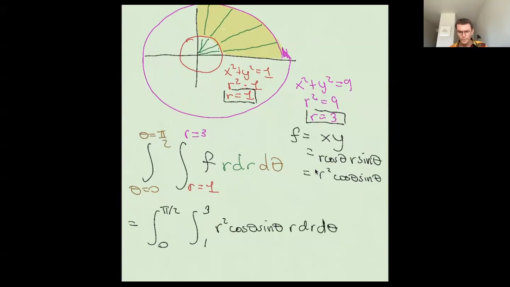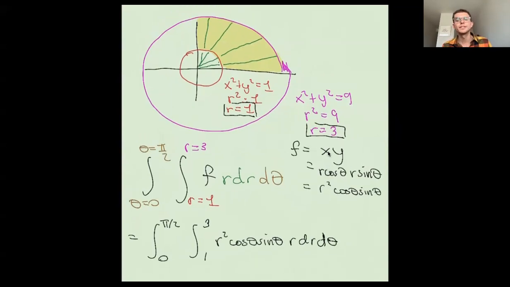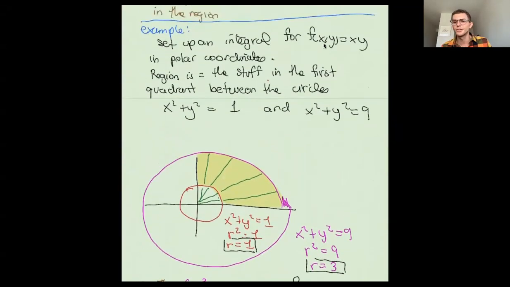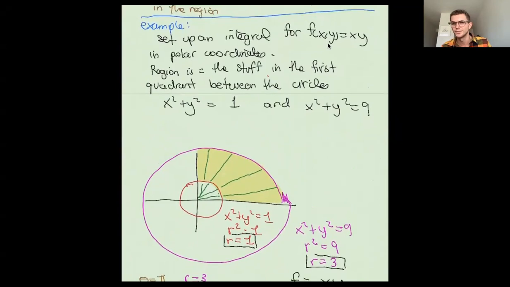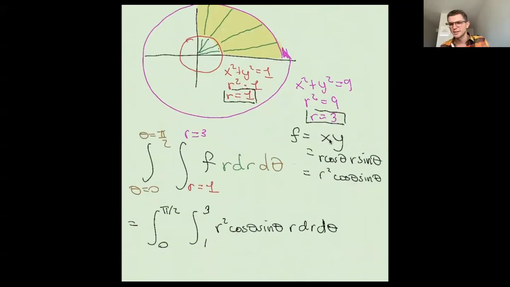Can you explain f equals xy one more time? That was just because in this particular example, I told you that this is the function that we were going to use. It could have different expressions, right? But it's just to make something concrete so that we can actually integrate this.